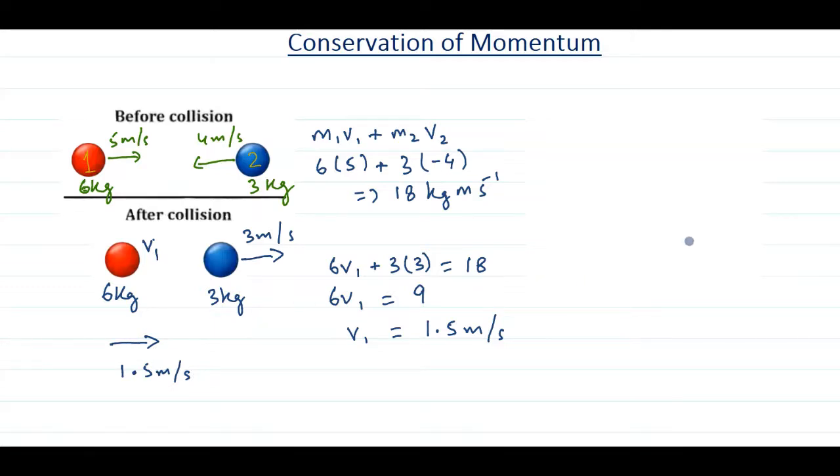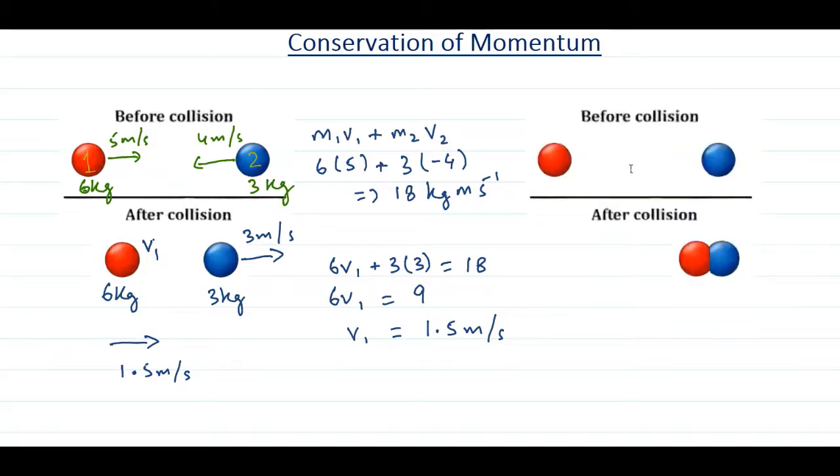Alright, now let's consider one last example here, and that will cover all our cases. Let's say you have the same two objects, and they're now moving in this direction. This is again 6 kilograms, and it's moving in the same direction at 5 meters per second.